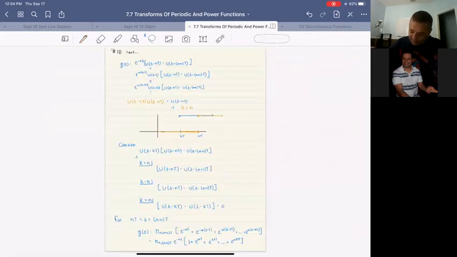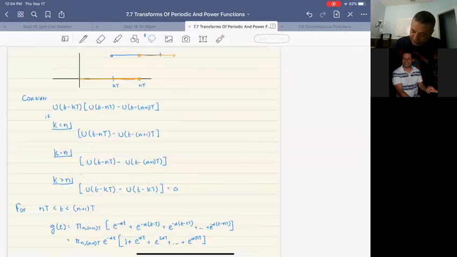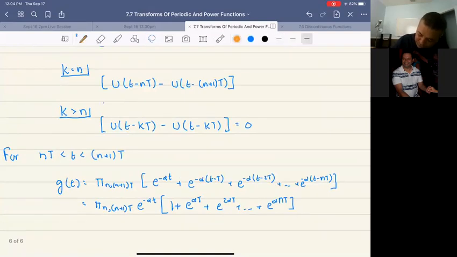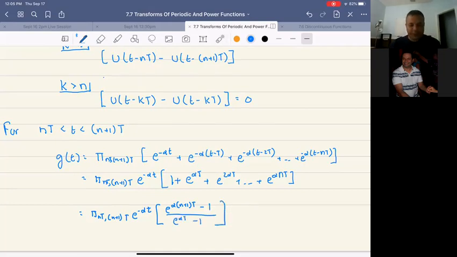Just to give you the punchline: pi of t on the window from nt to n plus 1t is e to the negative alpha t, that's lowercase t, times e to the alpha n plus 1 capital T minus 1, over e to the alpha t minus 1. Okay, and that's what we wanted.